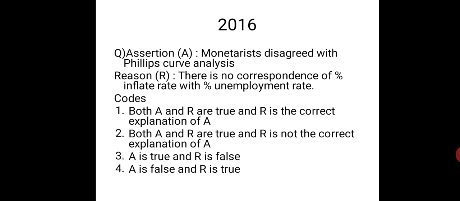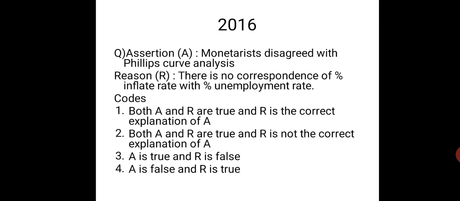Next question, which has appeared in 2016. Monetarists disagreed with Phillips curve analysis. That is an assertion. Monetarist, that is Friedman, in his expectation argument in Phillips curve, he disagreed with the short-run Phillips curve. Yes, that is true. We need to know the reason. Why did he disagree? The reason is there is no correspondence of percentage of inflation rate with percentage unemployment rate.